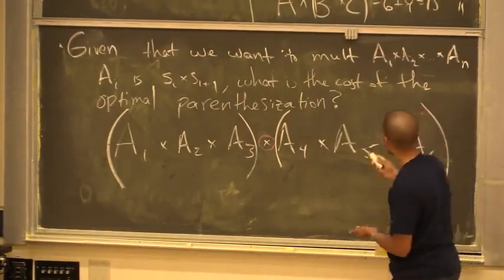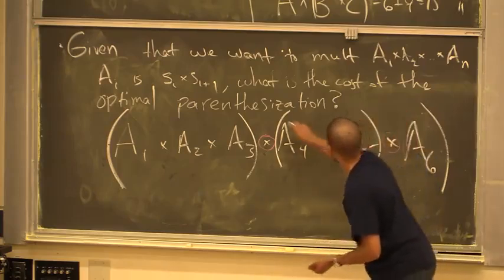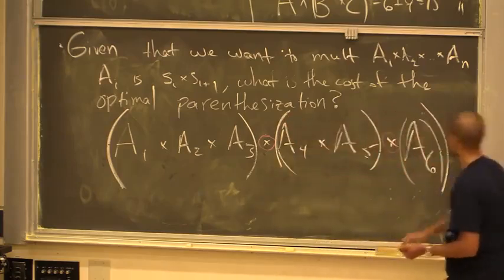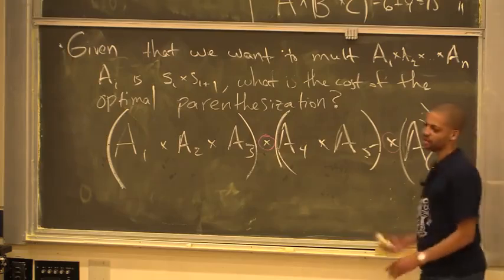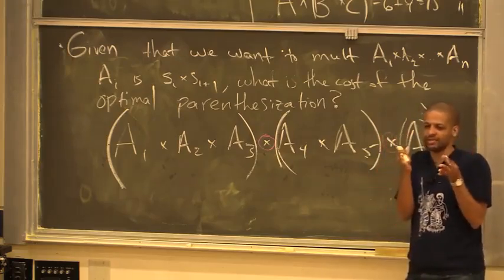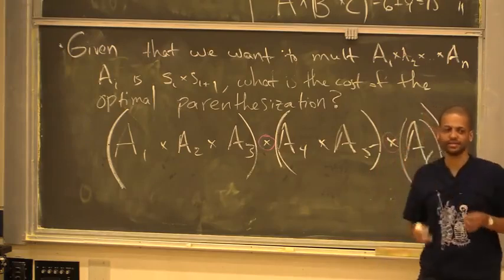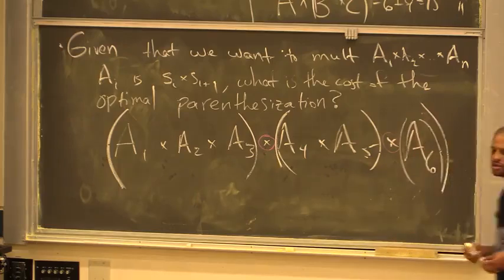Then I need to figure out how to optimally multiply this with this. Right? So we can see that all the recursive subproblems are basically going to look like subintervals of the matrices. Right? No matter how deep you recurse, you always have some subinterval of matrices left.